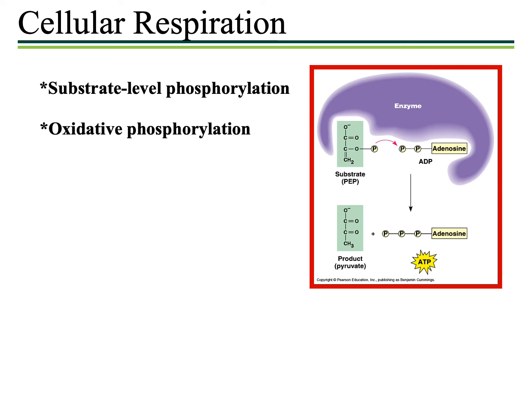Those NADH molecules that we talked about that are now holding on to those high energy electrons are utilized in oxidative phosphorylation to lead to the eventual production of ATP, and we will look at that in more detail in just a minute. Oxidative phosphorylation is not a direct synthesis like we just discussed with substrate level phosphorylation. It's an entirely different type of mechanism.